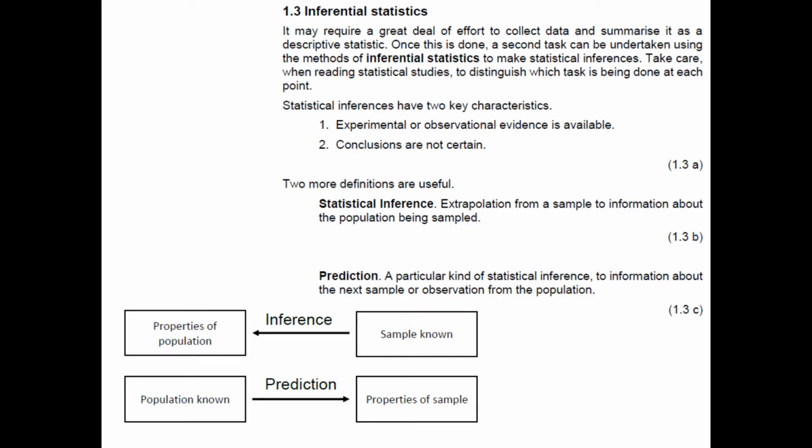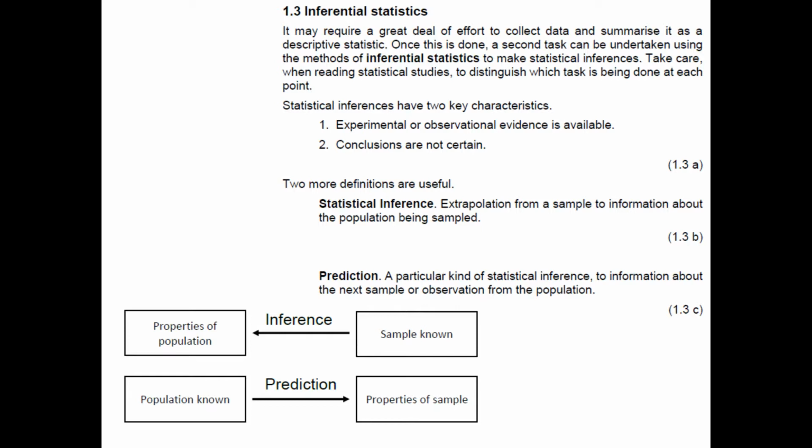Okay, inferential statistics we'll just introduce as a concept at the moment. You can see from those graphs, it can often take a huge amount of effort just to collect numbers and to summarize them using descriptive statistics. And it's only once that work is done that the second task can get started, using inferential statistics to make statistical inferences.